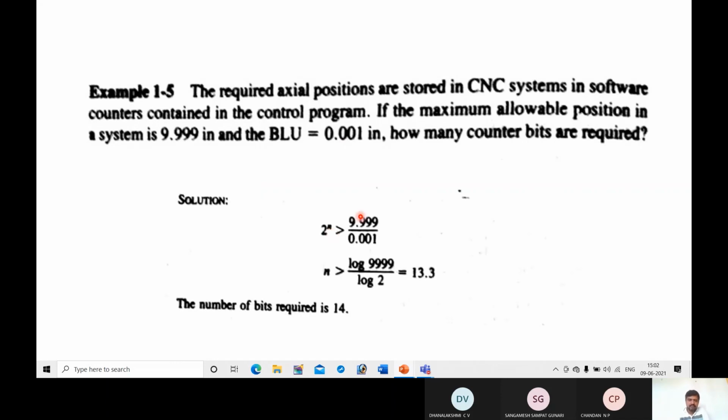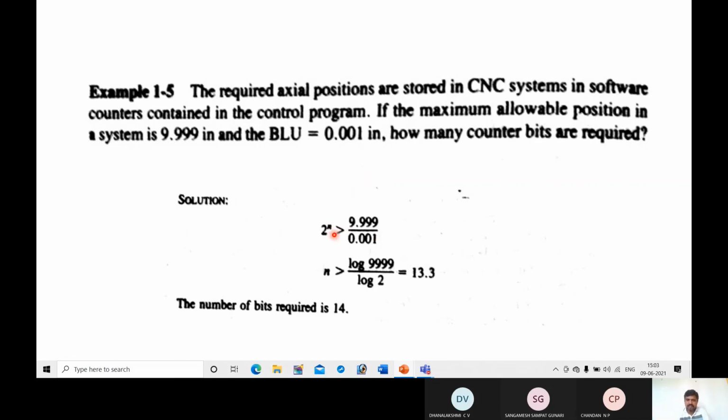First you find the number of incremental positions, given by 9.999 by 0.001. So the incremental positions required are 9,999.